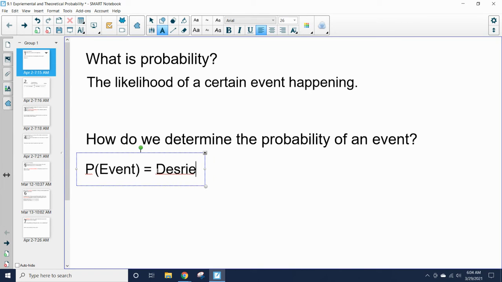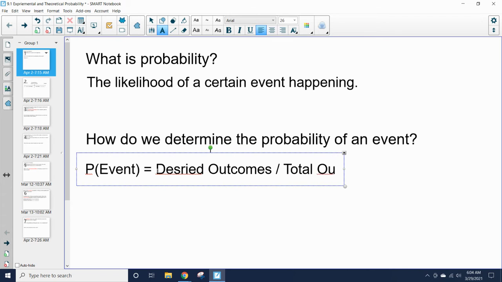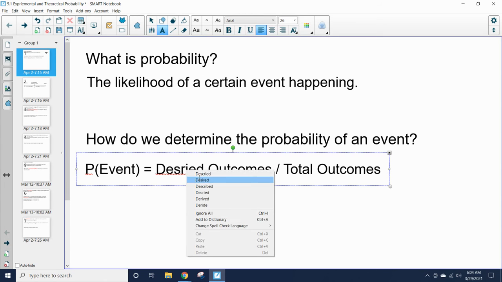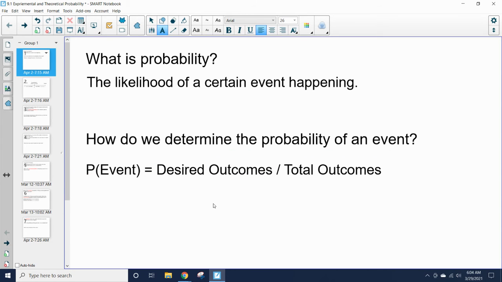It's desired outcomes divided by total outcomes. The probability is always calculated by desired outcomes divided by total outcomes.